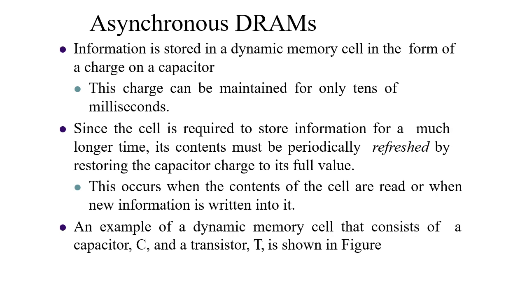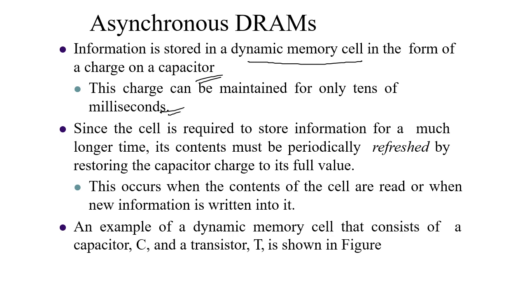So in case of DRAM, dynamic RAM, the information is stored in a dynamic memory cell in the form of a charge on a capacitor. So here the data is stored in the form of a charge in a capacitor. We know that the capacitor cannot hold the charge for more than tens of milliseconds. The same holds good in case of DRAM as well.